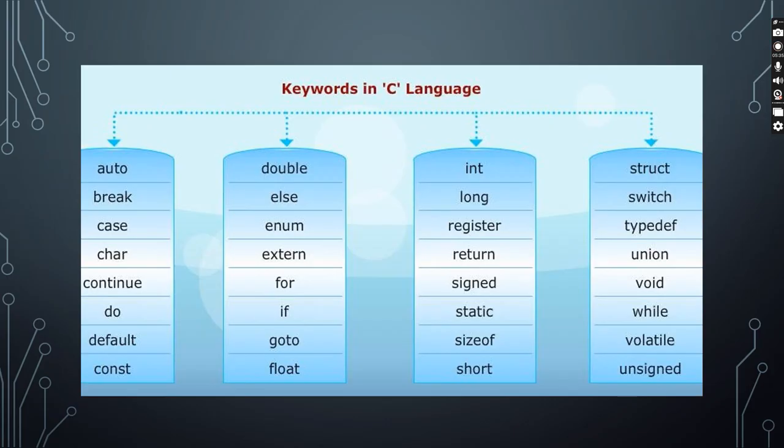These are the 32 keywords in C language. In this, mostly we use break, char, int, for, etc.